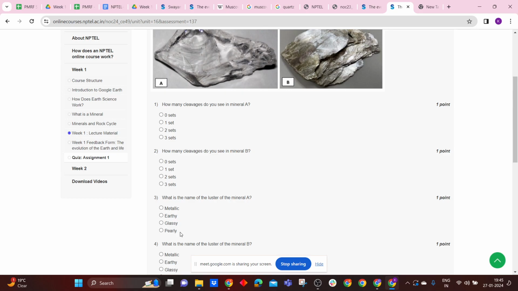Yes, sir. See, students, vitreous is not a glassy luster. Vitreous is a luster which resembles glass, but it is not glass. So it is preferred to remember that it shows a vitreous luster. For exam purposes or any question purpose, it is glassy, right? But please always remember it only shows a vitreous luster.